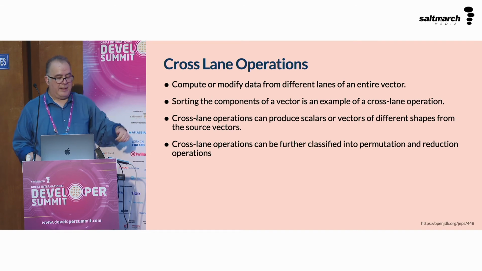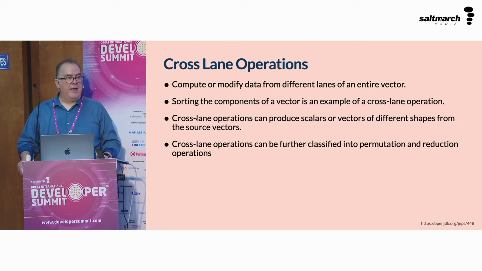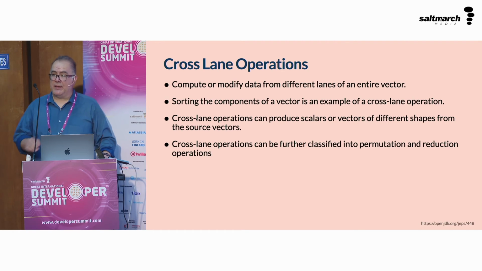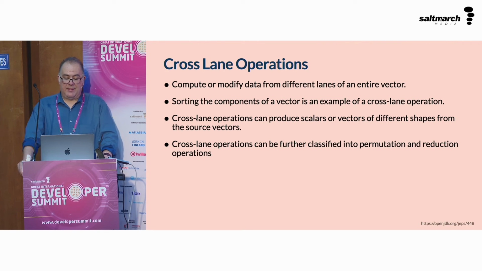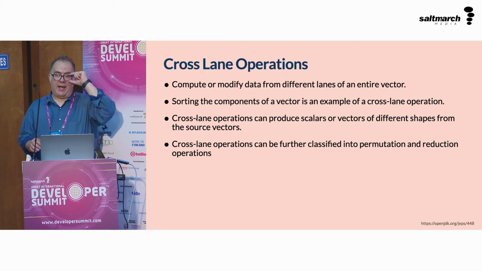But a cross lane is when you do things like shuffling, like sorting, like finding the min, finding the max. If you envision it, you'll see that by doing something like that, even though you may have 2 lanes over here or 1 lane, you're going to end up with a much smaller lane as the result, right?